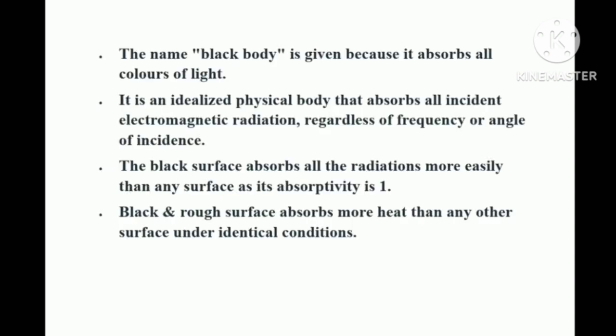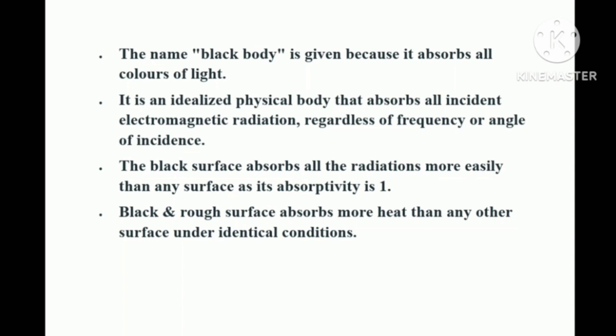The name black body is given because it absorbs all colors of light. A black body is an idealized physical body. It absorbs all incident electromagnetic radiations regardless of frequency or angle of incidence.